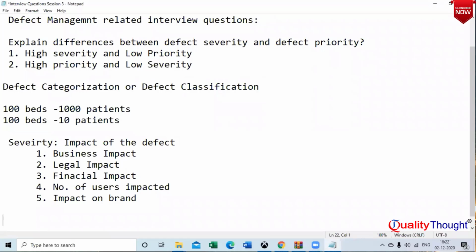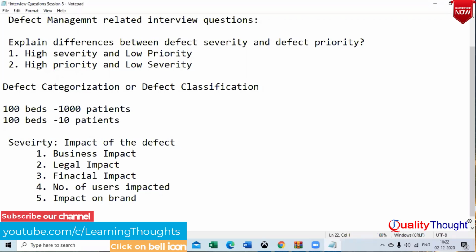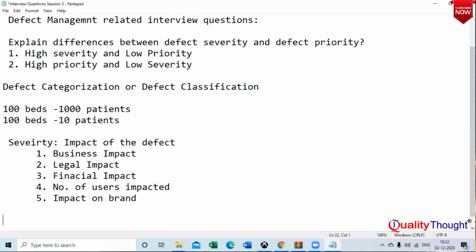Whenever you find a defect as a tester, you have to visualize: if the same defect were identified in production by a customer or end user, what is the impact of this defect on the customer or business? In terms of business impact, legal impact, financial impact, number of users impacted, impact on the brand.